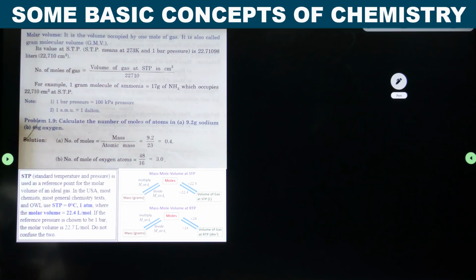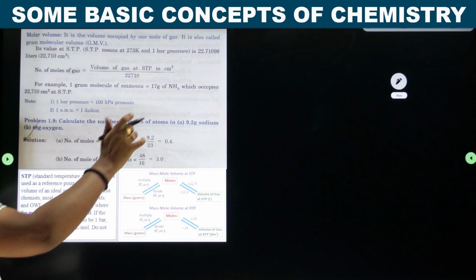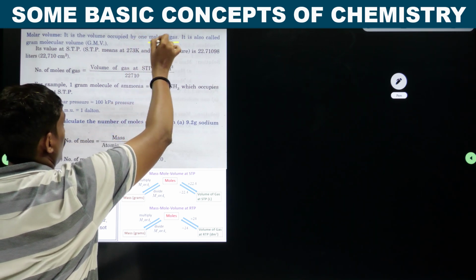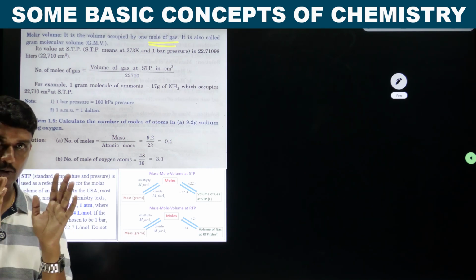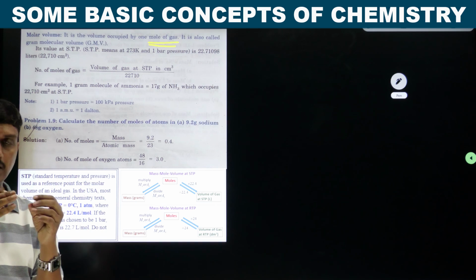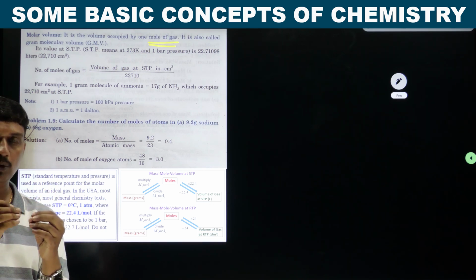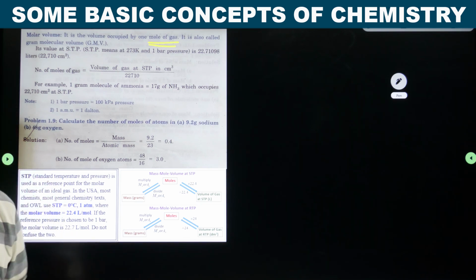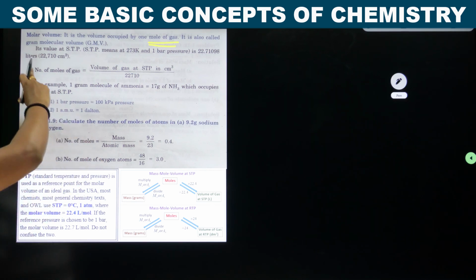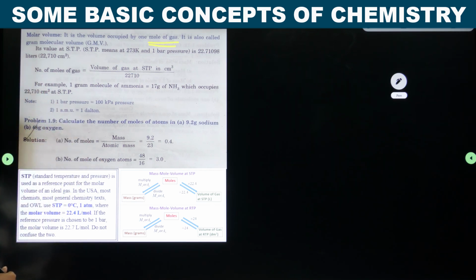In simple words, it is the volume occupied by 1 mole of a gas. You take 1 mole of hydrogen gas, 1 mole of oxygen gas, 1 mole of nitrogen, sulfur dioxide, helium, neon, any gas. How much volume it occupies is said to be molar volume.